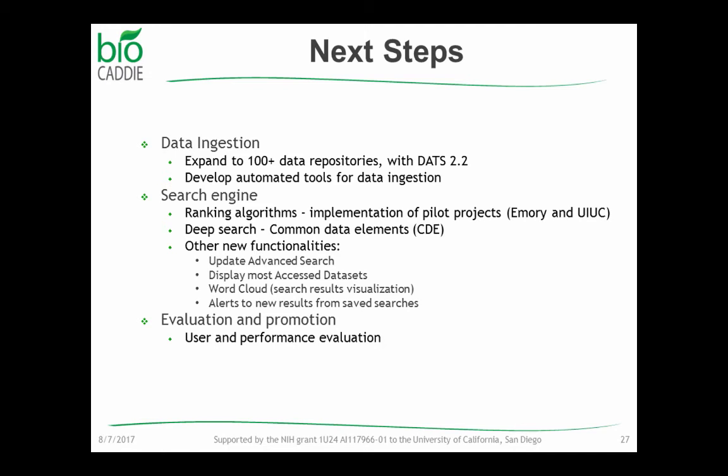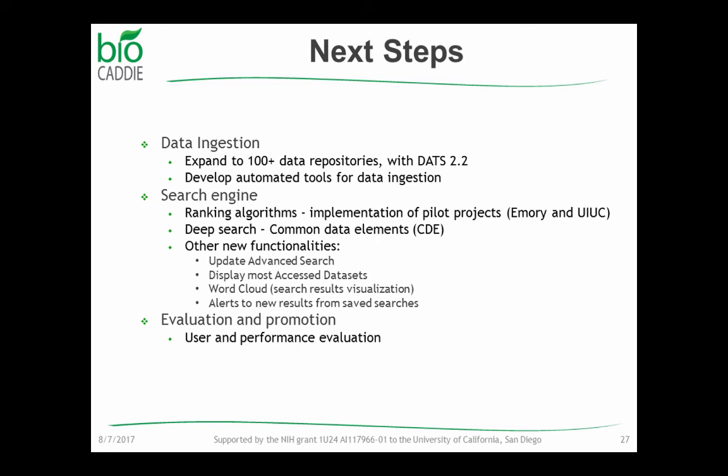Next steps: we are still thinking about the 100 repositories we mentioned last time, and we think we're still working towards that goal. Hopefully we can reach 100, with DATS 2.2, and develop automated tools for data ingestion. The other things are also about ingestion, for example on the deep search part. For the ranking algorithm, we're going to implement more advanced algorithms from those pilot projects.